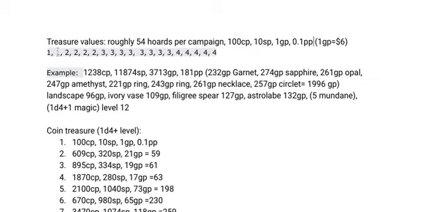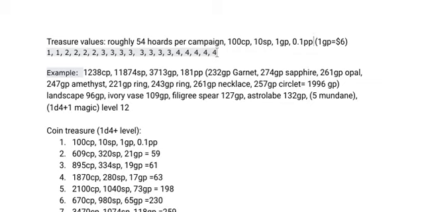At level 2, there's 1 for level 2 treasures, 2 for levels 3, 4, 5, 6, 3 for 7, 8, 9, 10, 11, 12, 13, 14, and then 4 for 15, 16, 17, 18, and 19. At level 20, it doesn't even matter whether you keep track of it. You can just keep giving them whatever treasure you roll up.